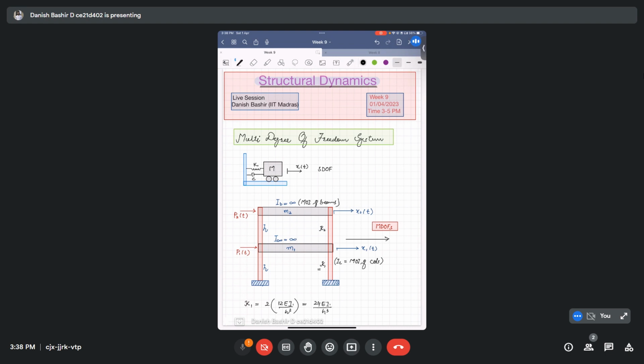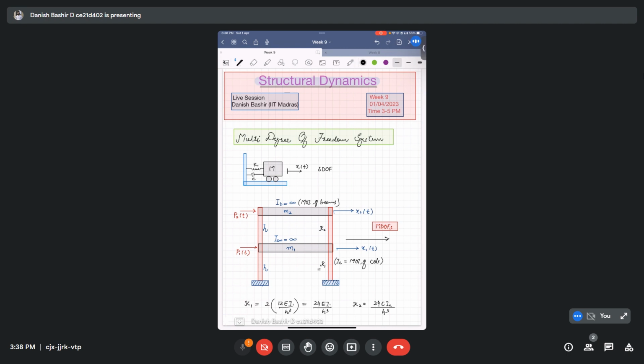Similarly, K2 for the columns at floor 2 will be 24 EI2 by H cube.